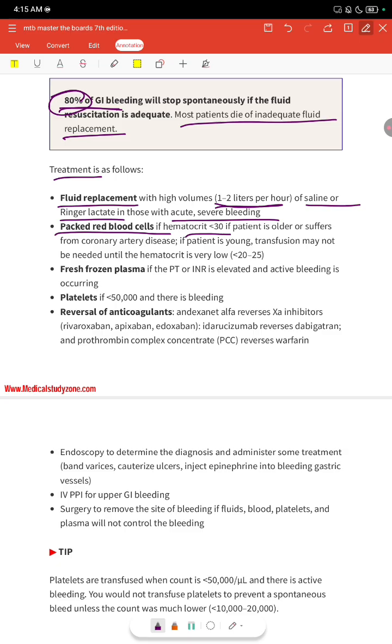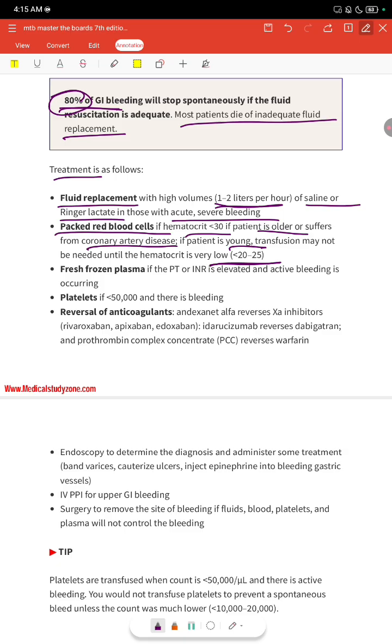Or if the patient is suffering from coronary artery disease, still if the hematocrit count is less than 30, go for packed RBCs. But if the patient is young, transfusion may not be needed until the hematocrit is very low, that is less than 20 to 25%.